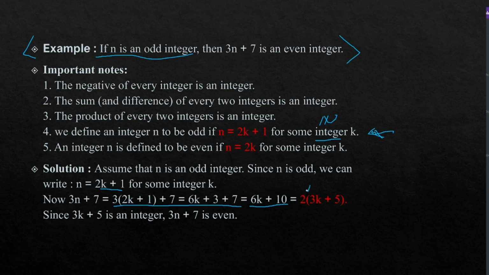Then we take 2 out, make the equation like this, and now we see that we can ascribe this to be u. Because k is a placeholder, since we know that 3k plus 5 is an integer. The multiplication of an integer with an integer is an integer. The addition of an integer with an integer is an integer. We get that 3k plus 5 is an integer.